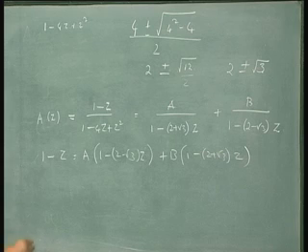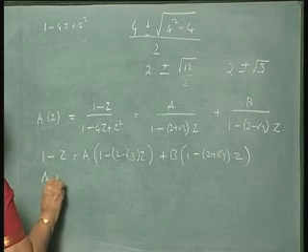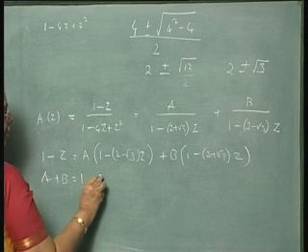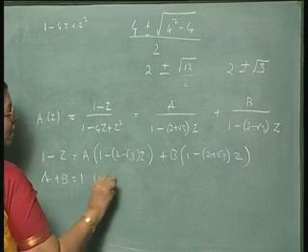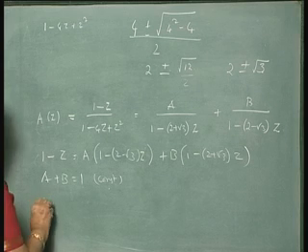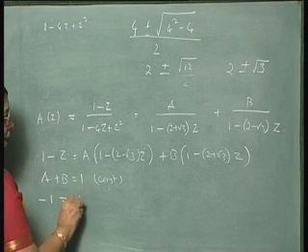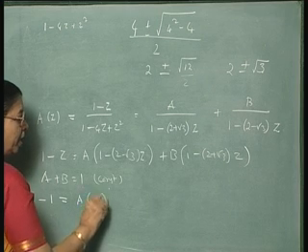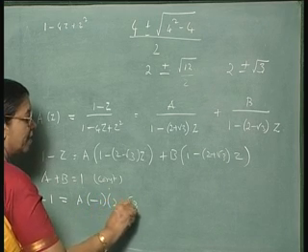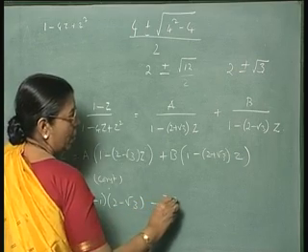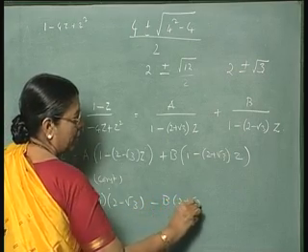So, equating the constants, a plus b is equal to 1. This is equating the constants. Then equating the coefficient of z, you have minus 1 equal to minus a into (2 minus root 3), minus b into (2 plus root 3).